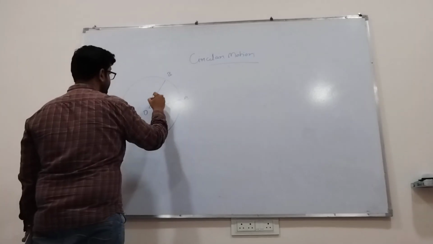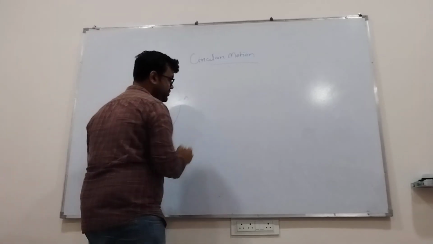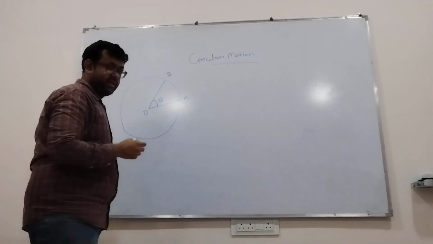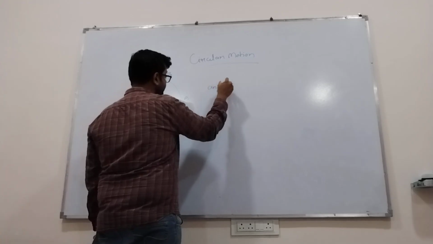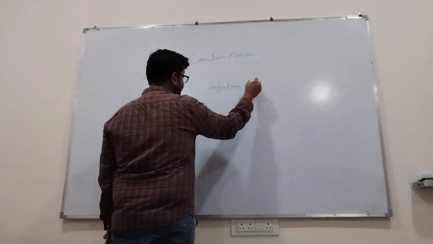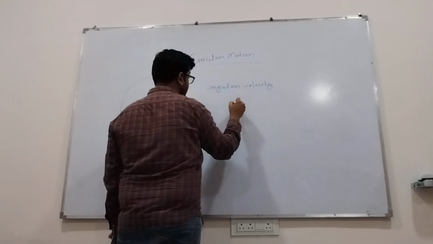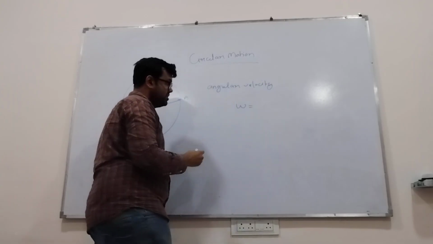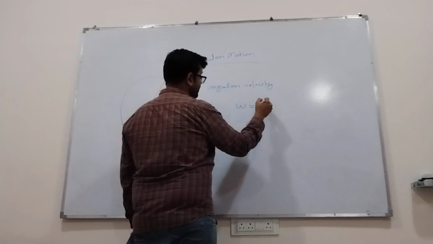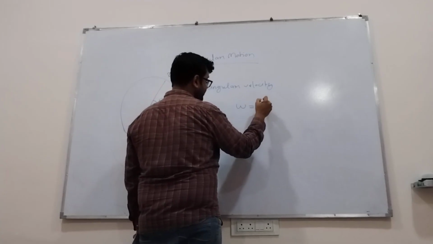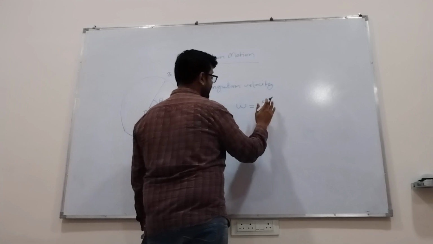Okay, this is the theta. So angular velocity, we denote by the term omega. So omega is nothing but change in theta, or you can say angular displacement upon time.